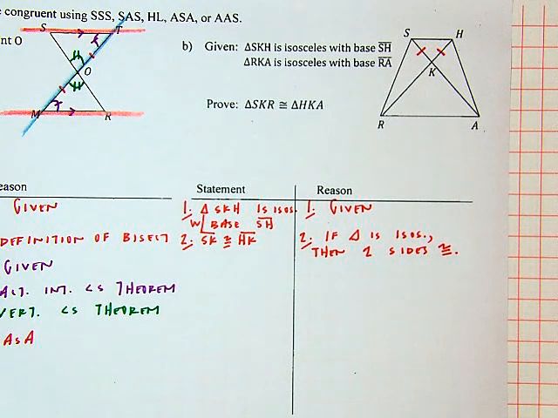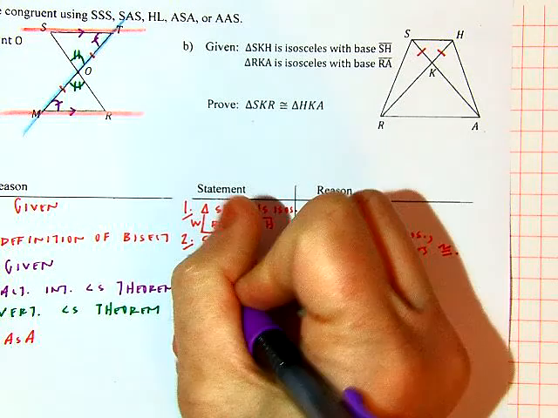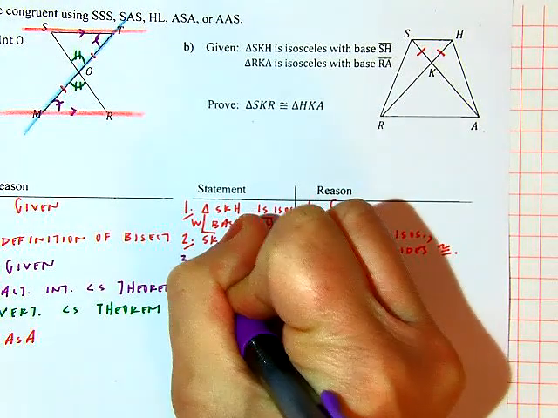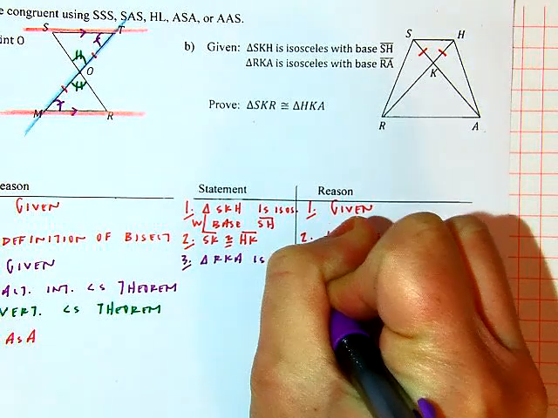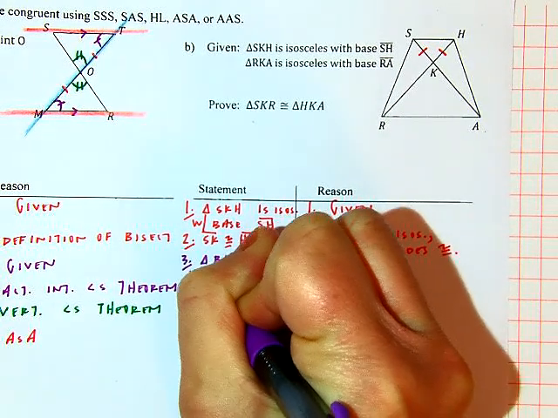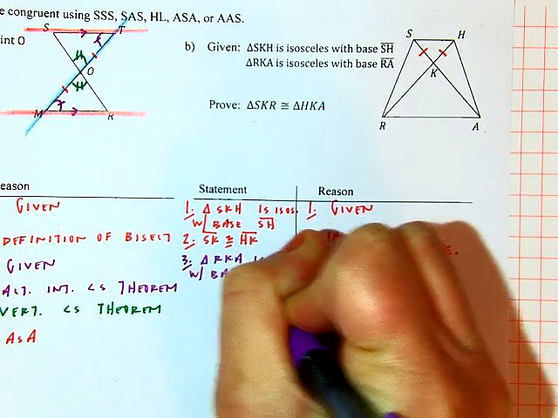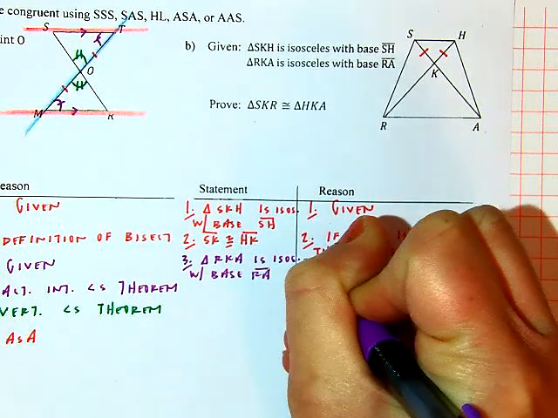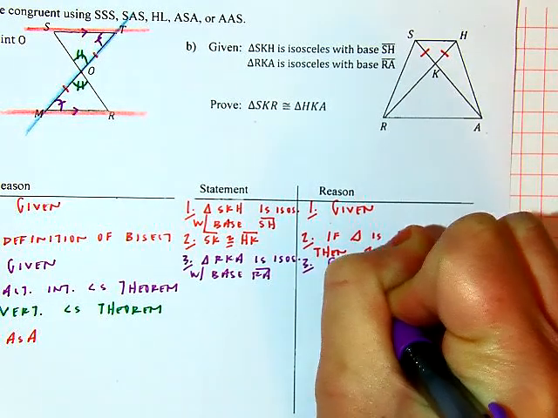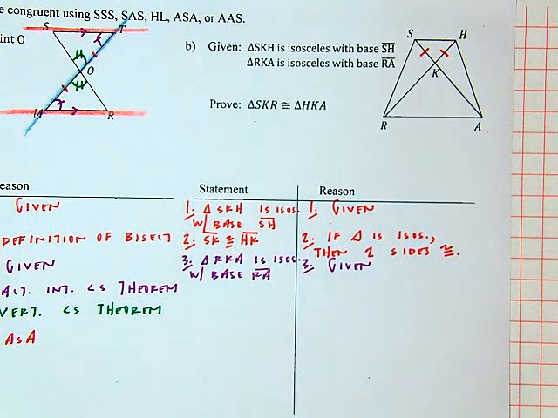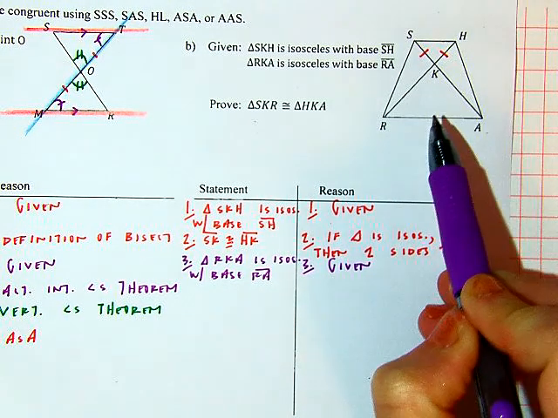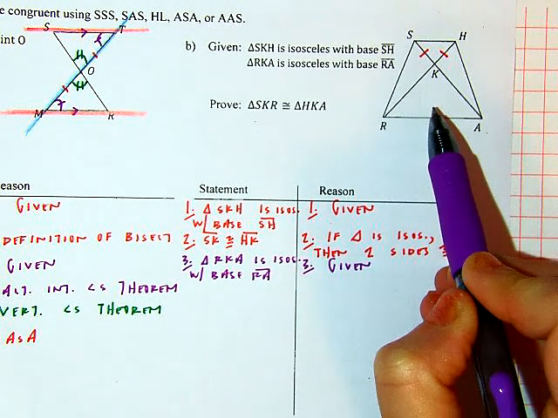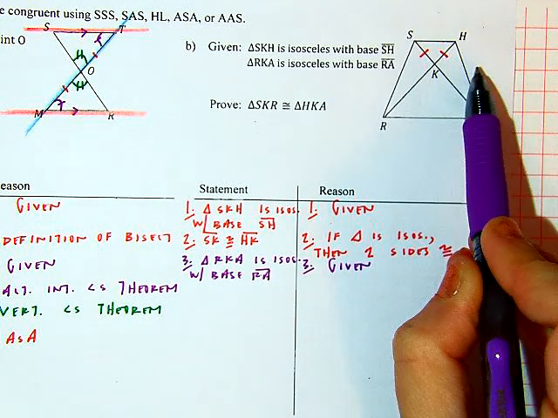Okay, now I'm at a dead end, so let me pick up the other given. The triangle RKA is isosceles with base RA. Given. So again, I'm looking at this triangle. How is that going to help me to know that that's isosceles? I'm trying to build to these two triangles being congruent.